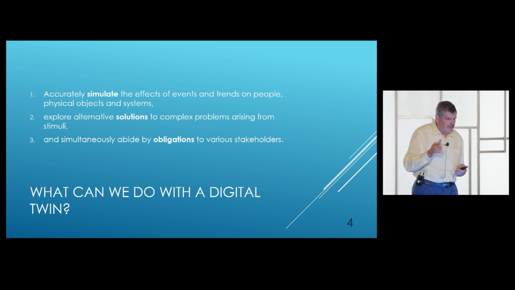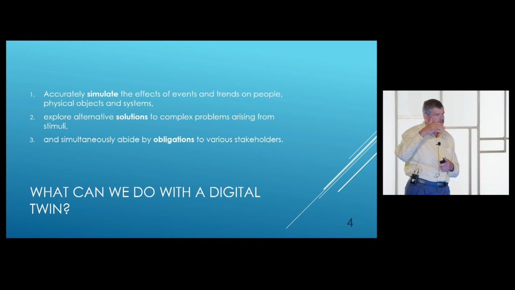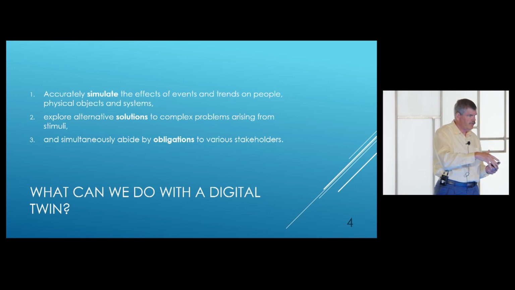And finally, abide by obligations to various stakeholders. The example we put together for this is that the United Nations has a set of sustainability goals. You can read it on their website. You can take those sustainability goals and break them down into individual goals for countries.